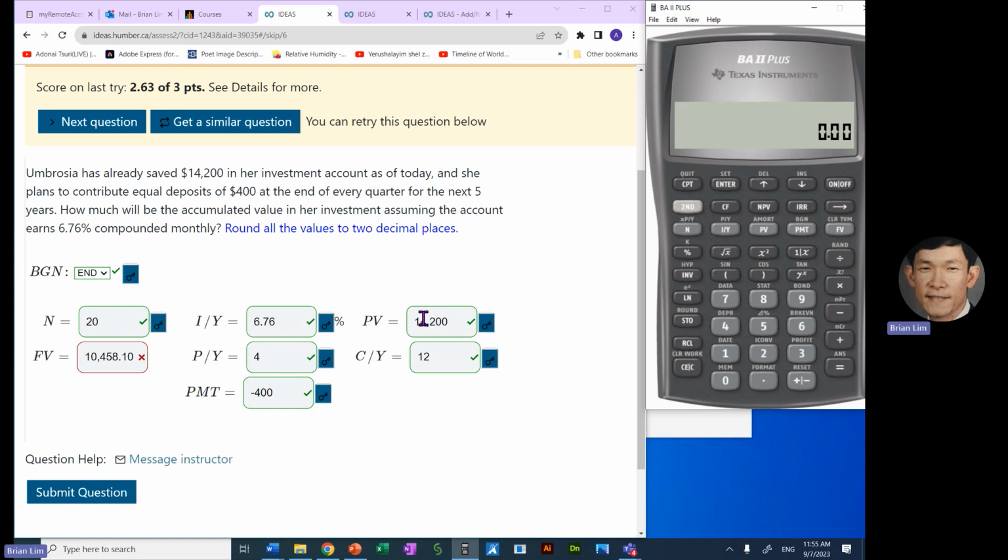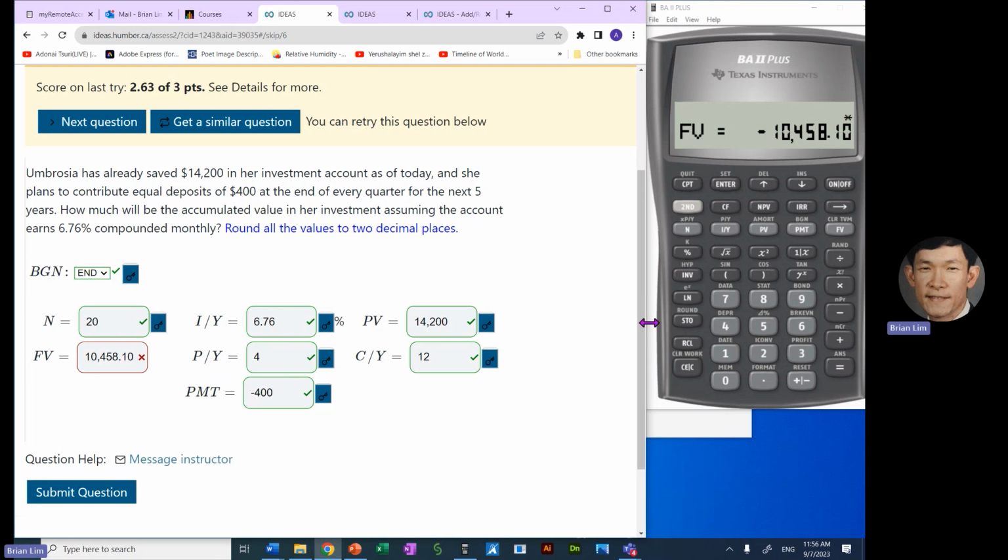I do compute the future value. I got 10,458.10. Now, it could round all answers to 2 decimal places. And what else do we need to check? Well, I guess it looks like it should be correct.